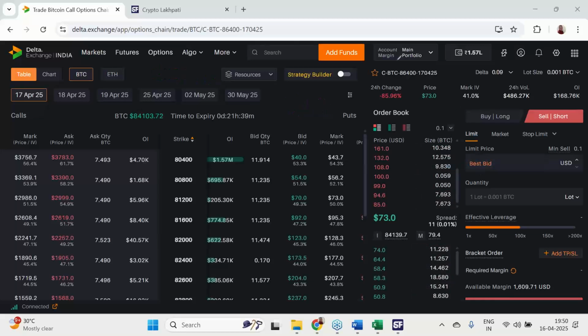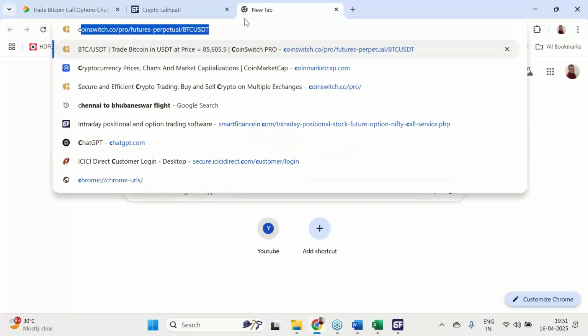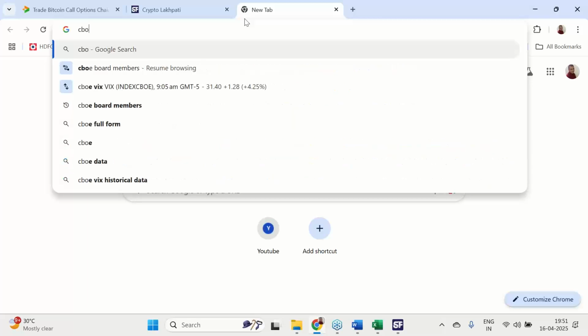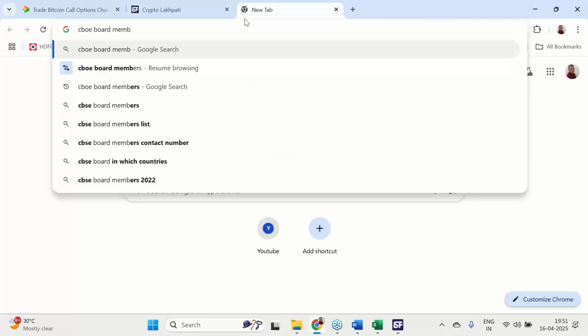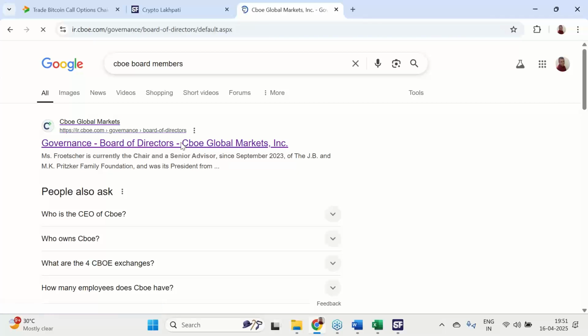So we will see once this program, we will be seeing the CBOE board members and their governance board of directors, CBOE Chicago Board of Commodity Exchange.